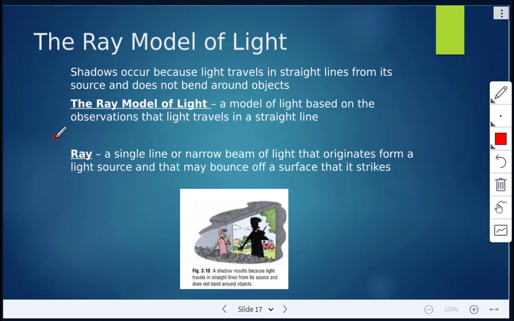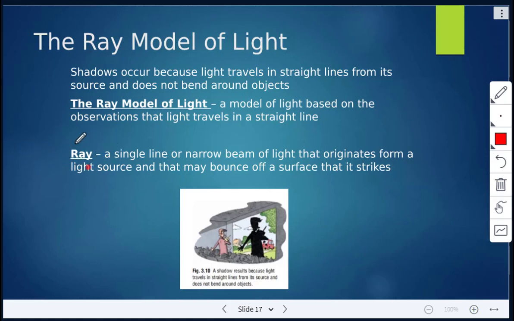Shadows occur because light travels in straight lines from its source, and it does not bend around objects. So if we look at this image here, we see this shadow. This person standing up looks like in a movie theater. The shadow is the result of light traveling in straight lines from its source, and it does not bend around objects.